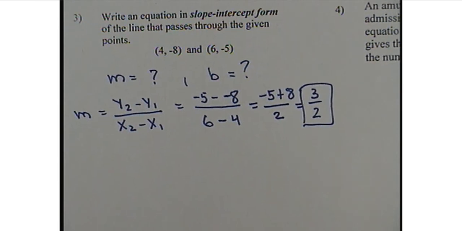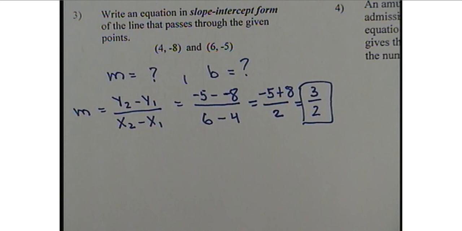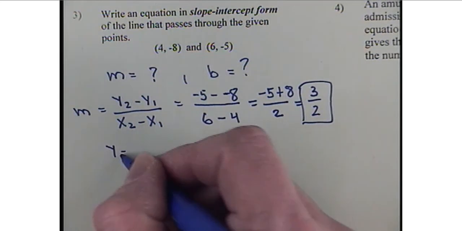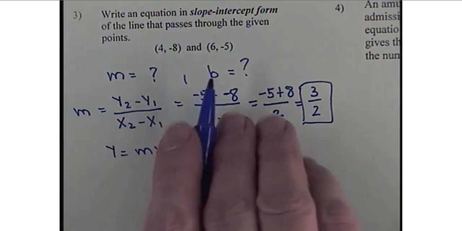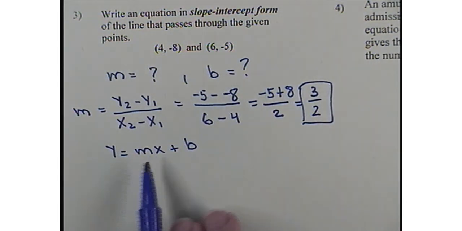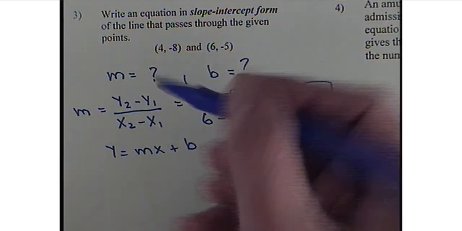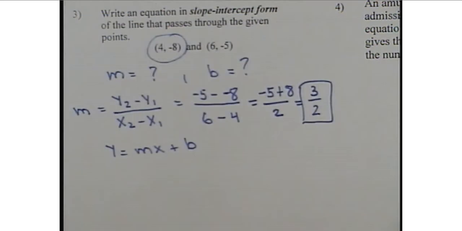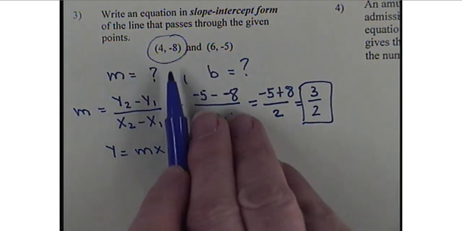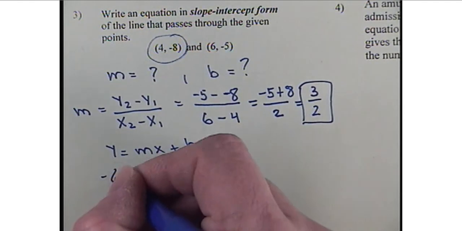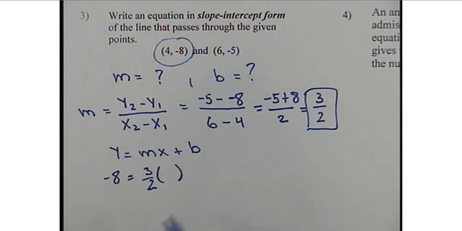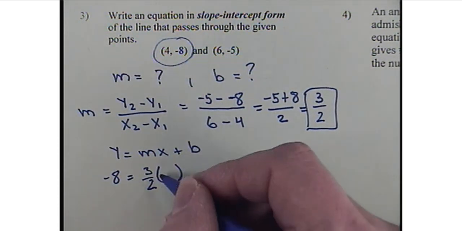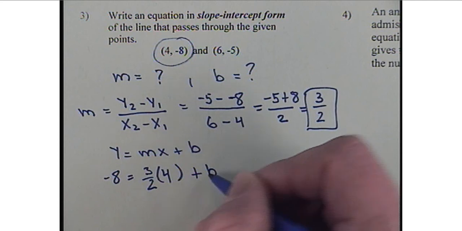Next step. When you have given 2 points, in order to calculate b by applying y equals mx plus b formula, you need to pick only one point of those two and apply x and y coordinate and substitute into the equation. So if I choose the first point, y will change to negative 8 equals to, the slope is 3 over 2, the one we just calculated, and then x is positive 4 plus b.